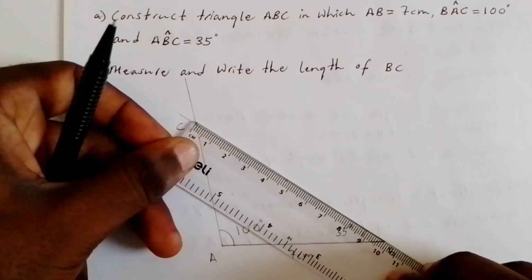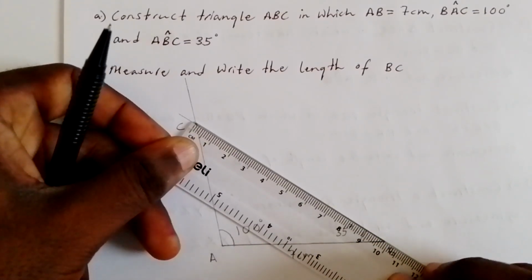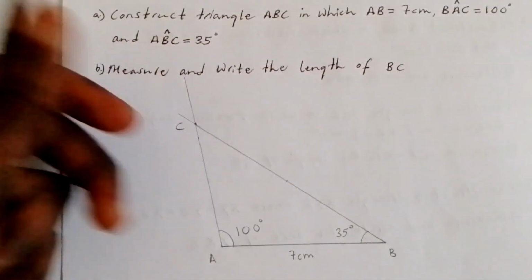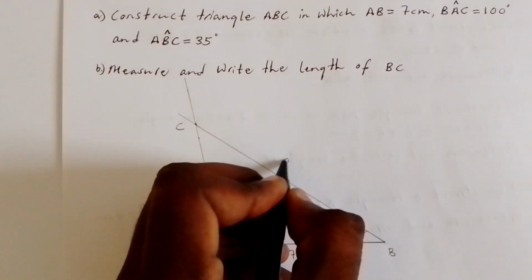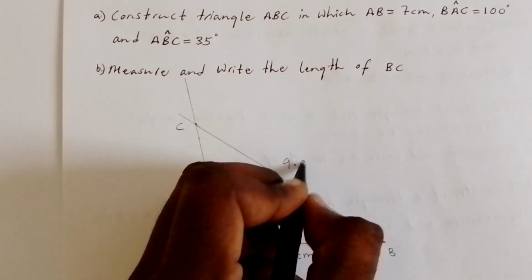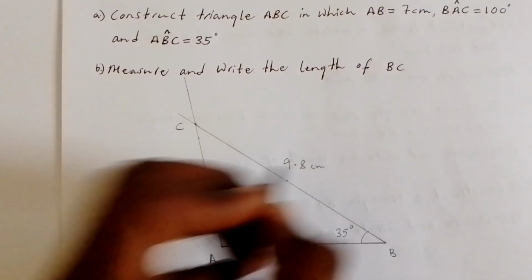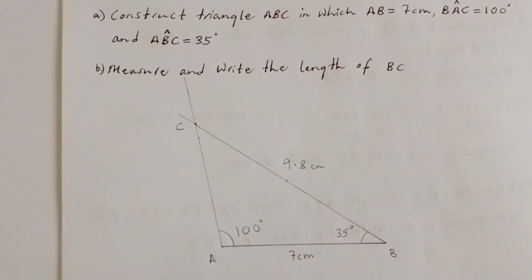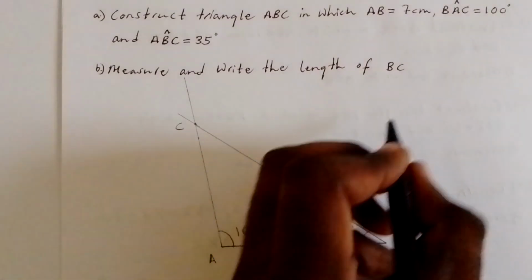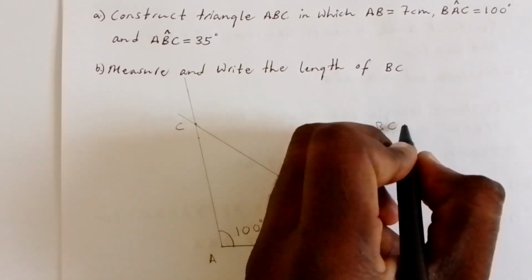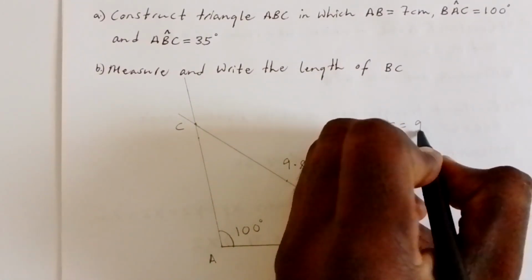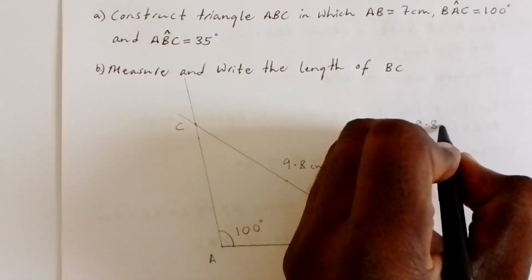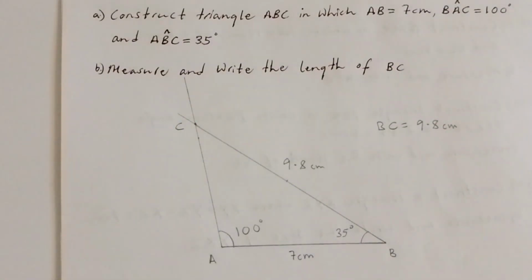For me, that's what I'm finding, 9.8 centimeters. If you record somewhere if you wish, you say BC is 9.8 centimeters. So this is how you construct a triangle when you have been given such a situation.